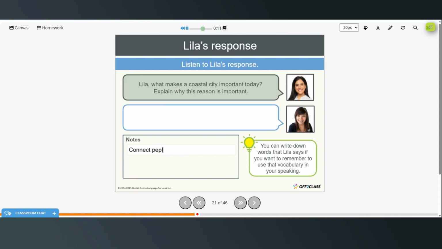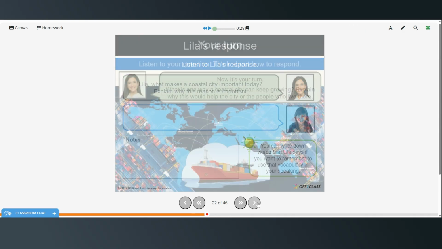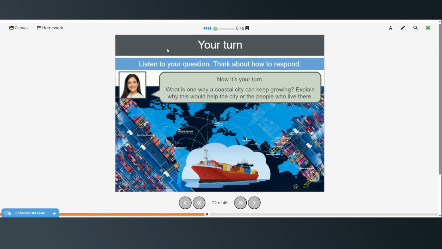Ports allow ships to bring goods from far away, which helps the city's economy grow. People can get products they need, and businesses can sell to more places. Leela talked about what makes a coastal city important today.